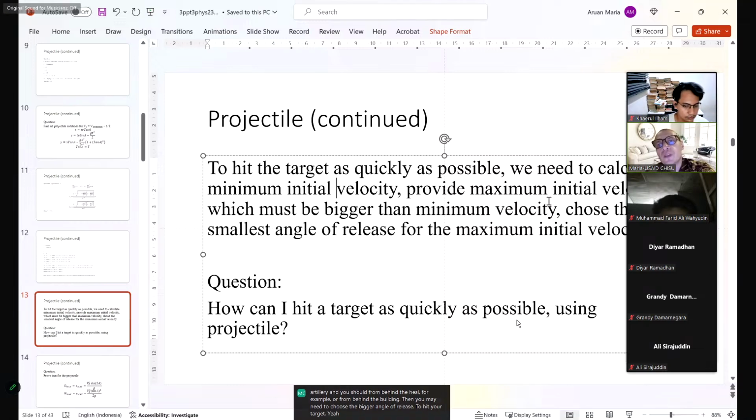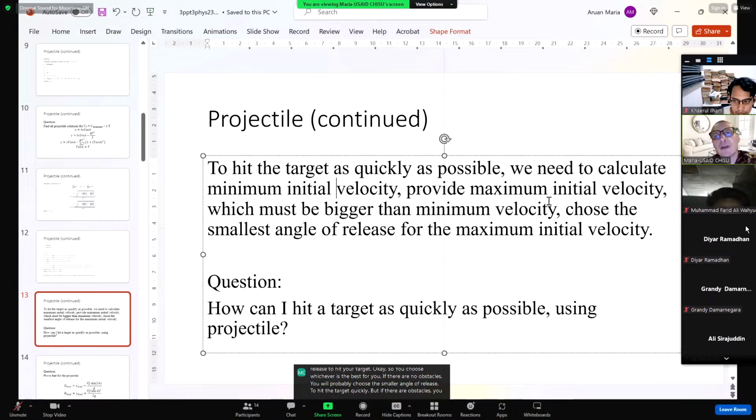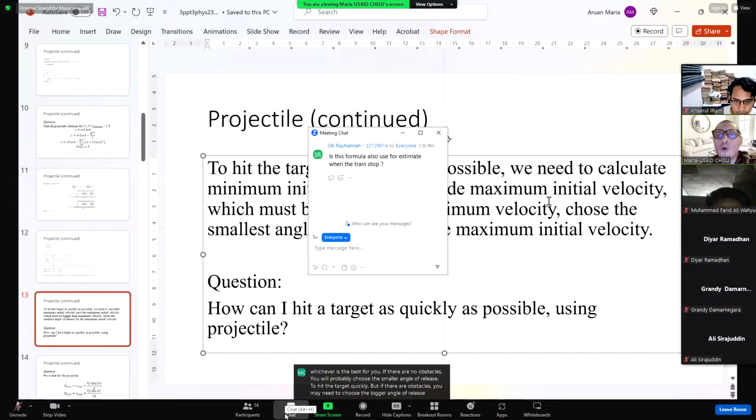The solution gives you two angles of release to hit your target, and you choose whichever is the best for you. If there are no obstacles, you will probably choose the smaller angle of release to hit the target quickly. But if there are obstacles, you may need to choose the bigger angle of release to fly over the obstacles to hit your target.